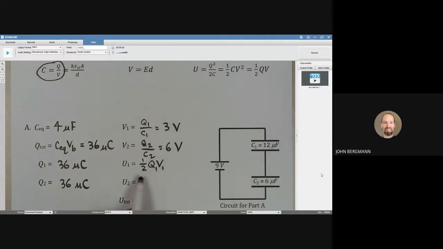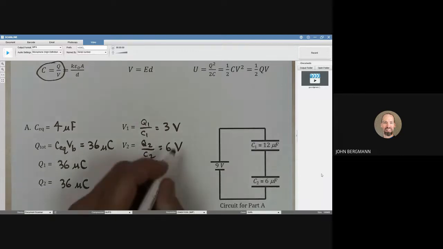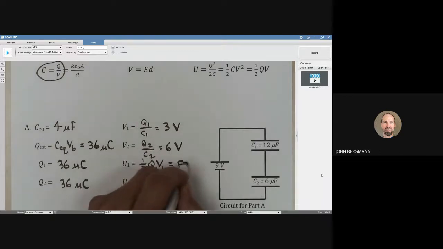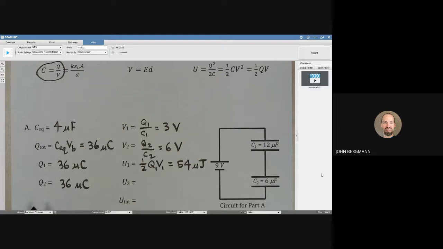So this is going to be 1/2 times 36, so that's 18 times 3, 54. 54, and then we have a prefix of micro in there, and the unit would be joules. Same idea here for the energy stored in capacitor number 2. The charge is the same, the voltage is twice, so that should be 108.